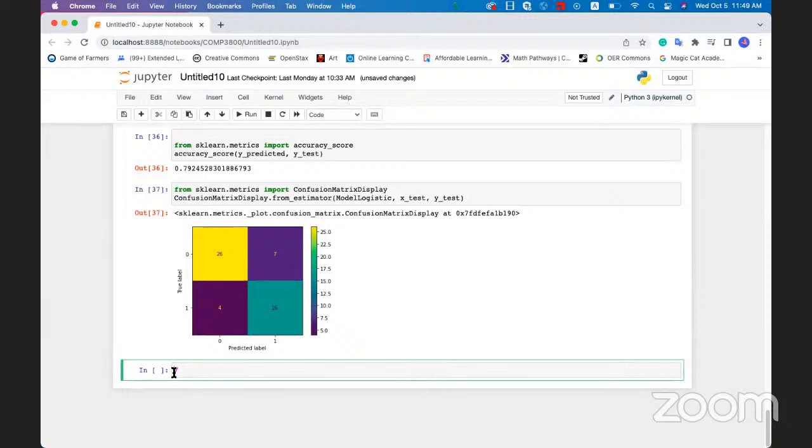The accuracy score should be 26 plus 16 divided by all these 4 numbers added together, all the cases.